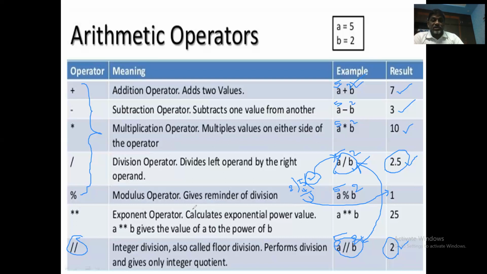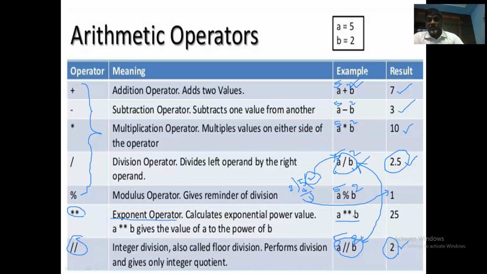Right. So this is about modulus operator, and there is a special operator which is available in Python only, which is called as exponent operator. Exponent operator represented with 2 stars. Okay, so this means that a 2 stars b means a power b, it is similar to pow(a, b) in C language.